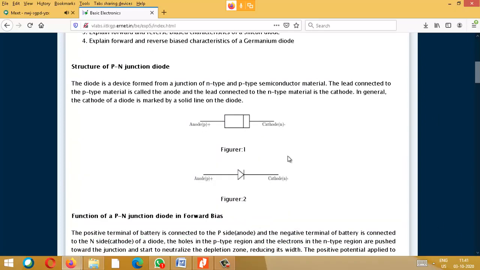Two types of semiconductors are brought together. One is called P type, another one is called N type. N type has an additional number of electrons available, whereas in P type you have more places empty for external material to come and make contact. You are not supposed to say holes, because there is no flow of holes, only flow of electrons.